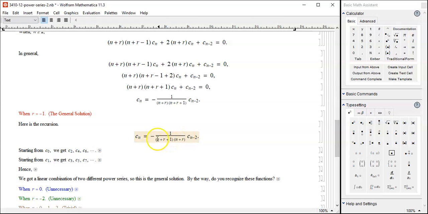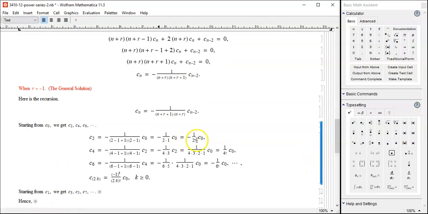And then I'm about to plug in r equals negative 1 here. Okay, all right. And then C2 can be calculated from C0 by plugging r equals negative 1 here, which I did here and there, and then we ended up with this.